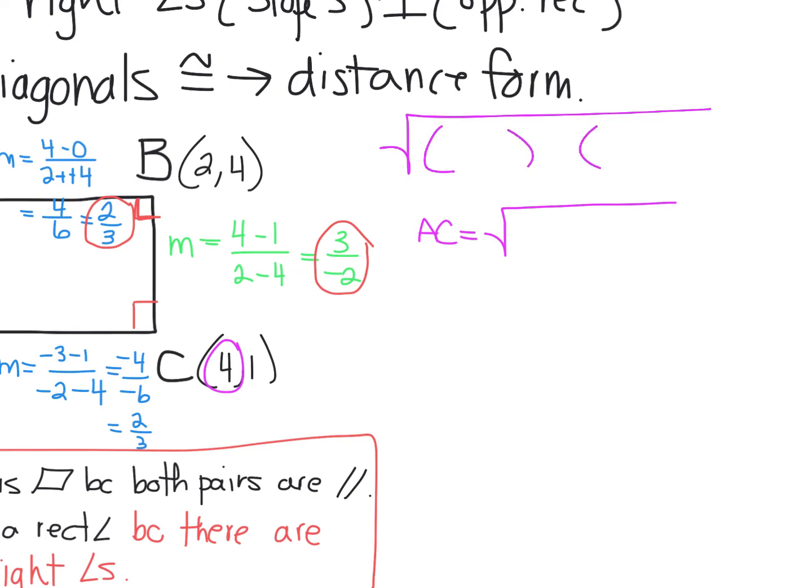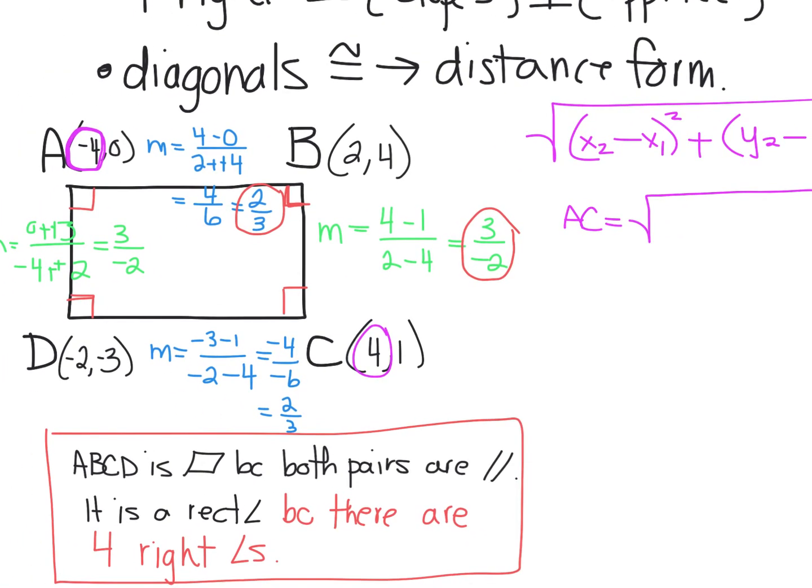SpongeBob has 2 eyes, a nose, wrinkles because he's squinting. And in here we put our X's, and in here we put our Y's. Okay, so back to what I was saying.